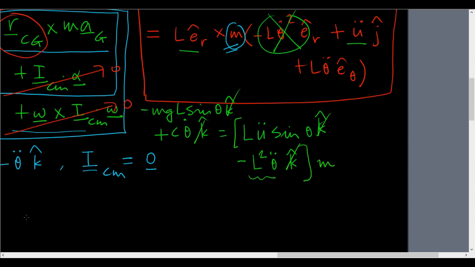So I'll have m L squared theta double dot minus m g plus u double dot L sine theta.